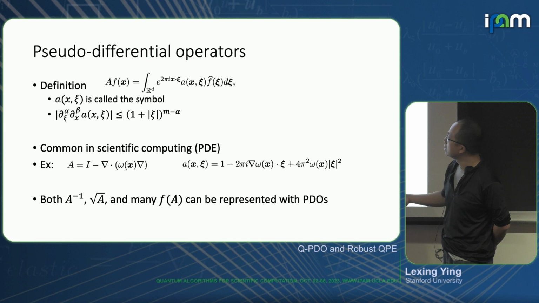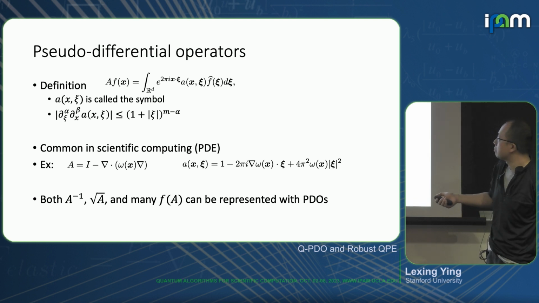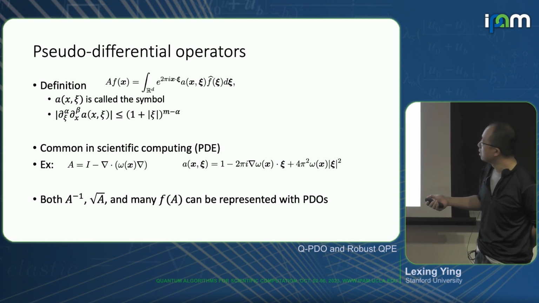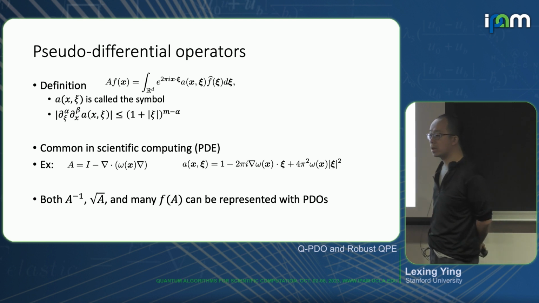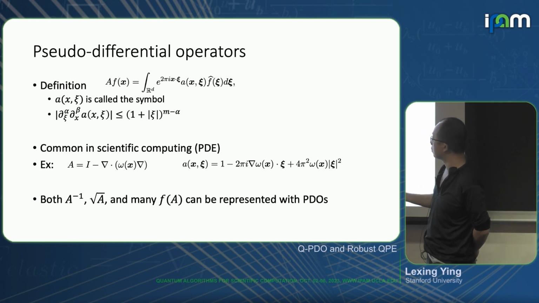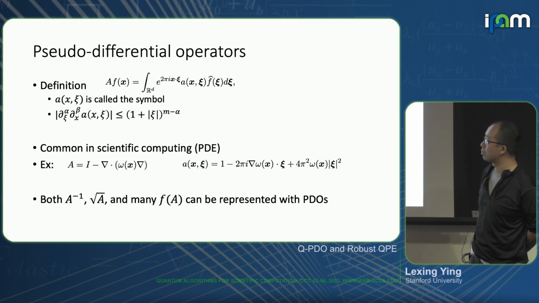You can try to see what the impact of this operator on f is, and after maybe 2 or 3 minutes of calculation, you will see that this is its symbol. The symbol involves ω, different powers of ξ, and also the gradient of ω. So for example, if ω itself is a smooth function, this whole thing is also smooth in x, and also has different polynomial growth in the ξ variable.